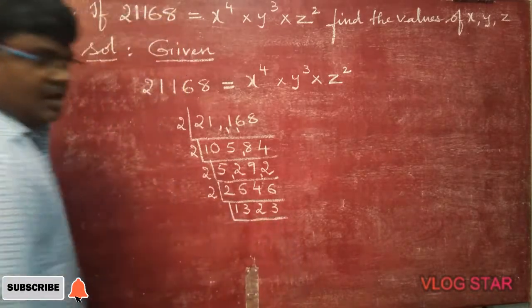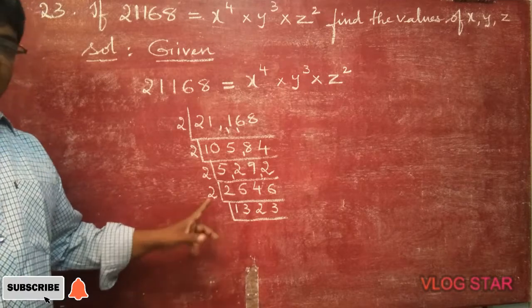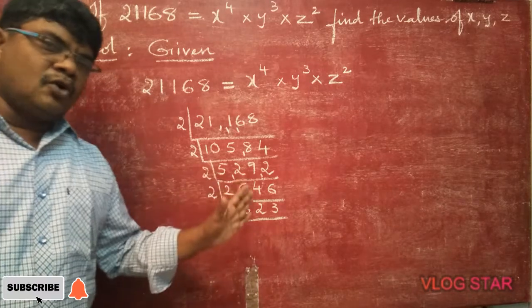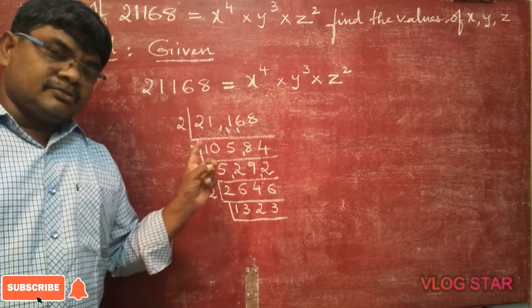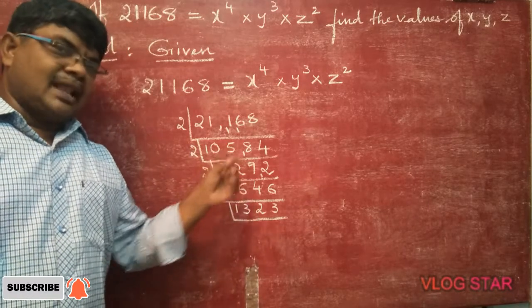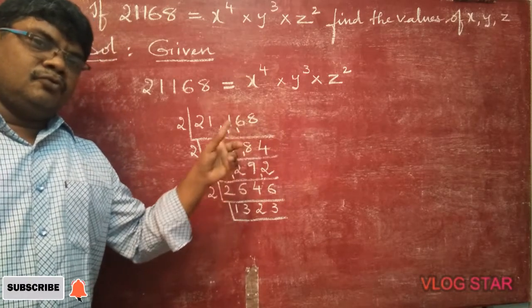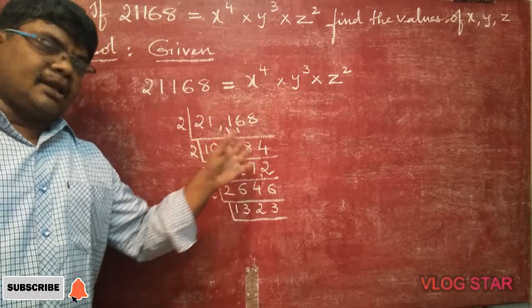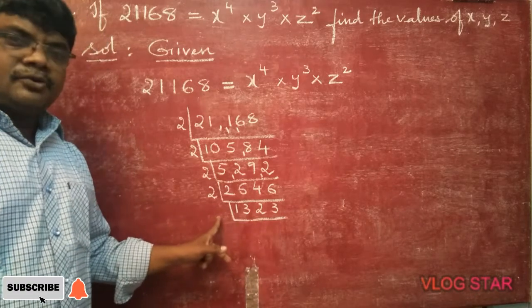Now 2 table will not go because the last digit is 3. When 2 divides, the last digit should be 0, 2, 4, 6 or 8. Here we got 3, an odd number, so 2 table will not go.